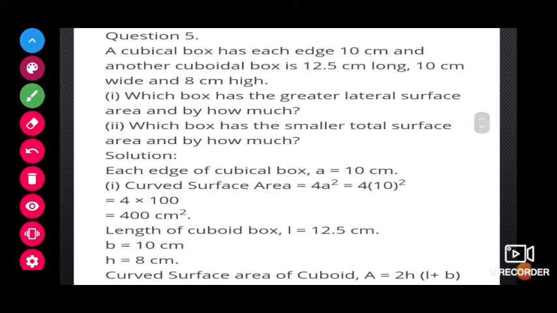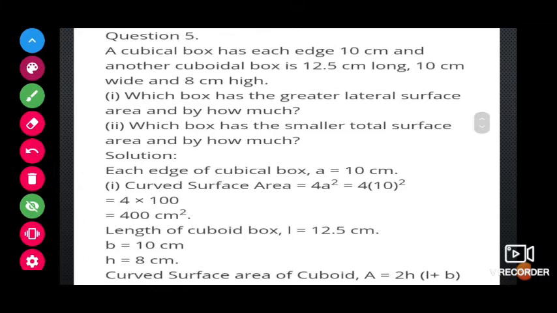A cubical box is nothing but a cube, meaning all the edges will be the same, which is 10 centimeters. And the cuboidal box is nothing but a cuboid, of 12.5 centimeters, 10 centimeters and 8 centimeters.